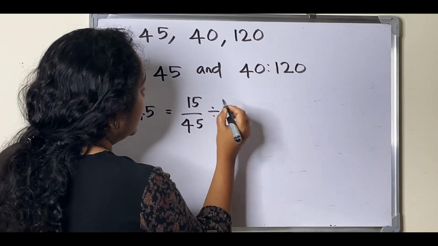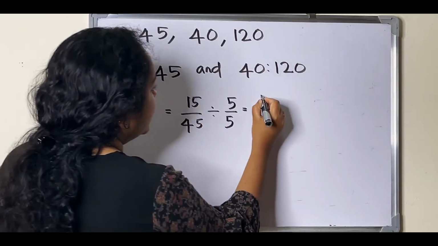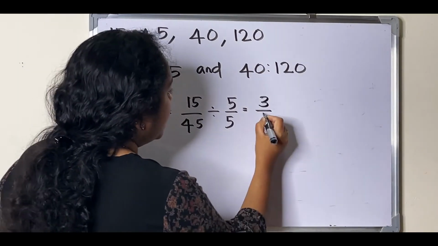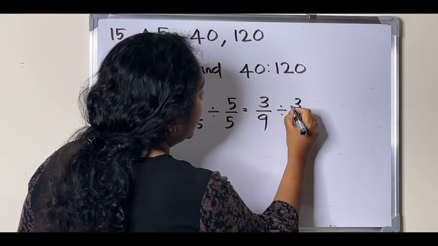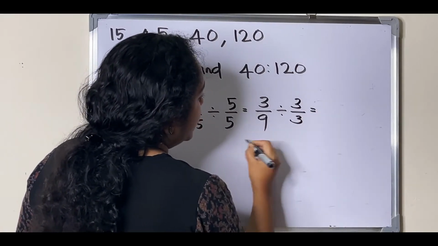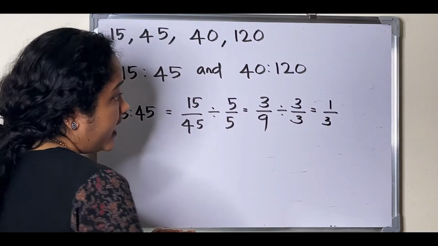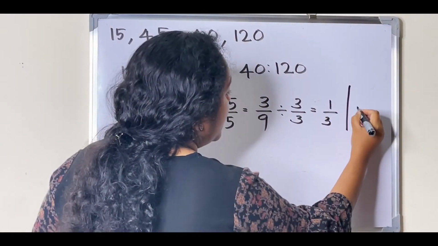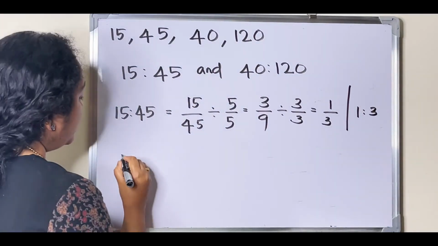It can be divided by both 5. We get 5 threes are 15, 5 nines are 45. Again divided by 3, we get 1 by 3. And the ratio is 1:3.